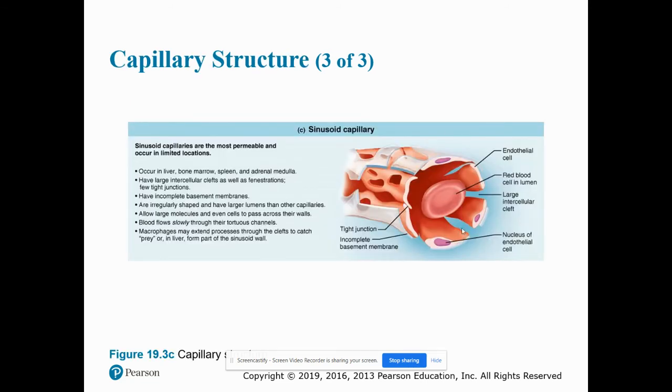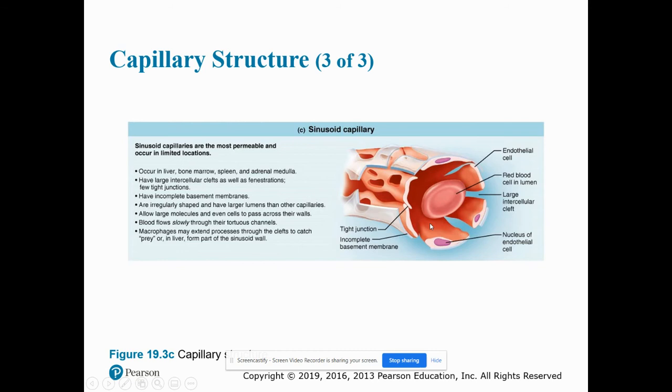It almost looks like somebody was making a capillary and just gave up, but there's still a wall here. It just has a lot of places for stuff to pass through. So, a large intercellular cleft, there is still tight junction, and an incomplete basement membrane.